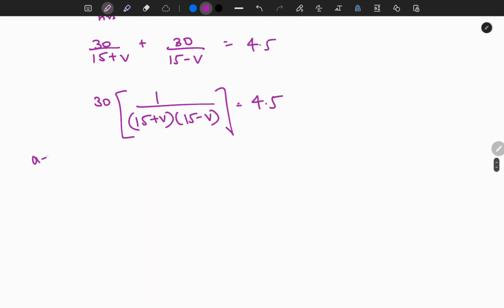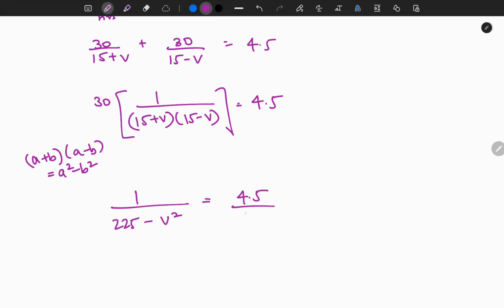So we know that a plus b into a minus b is a square minus b square. So 1 upon 225 minus v square is equal to 4.5 by 30.